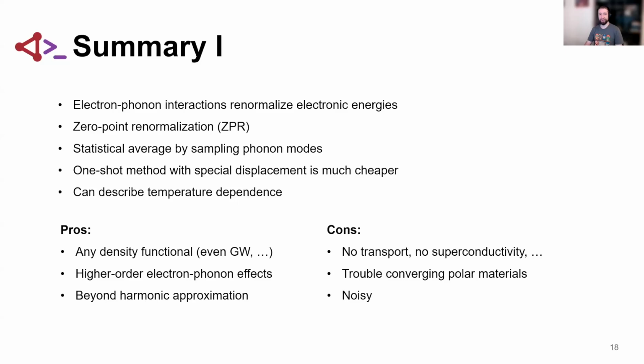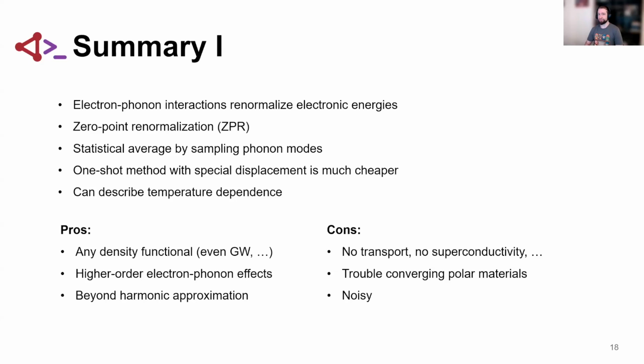But it has disadvantages. First and foremost, I think, is that this method is limited in scope to only very particular observables that you can calculate. So there's no direct access to electronic transport properties, for example, like the conductivity. Also no access to superconducting properties, no critical temperatures there.